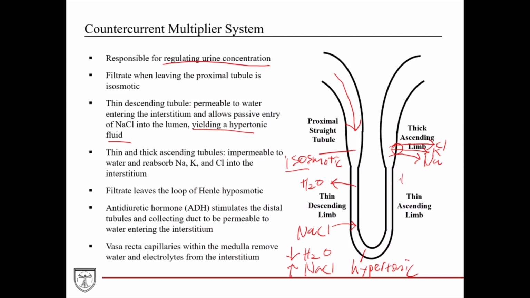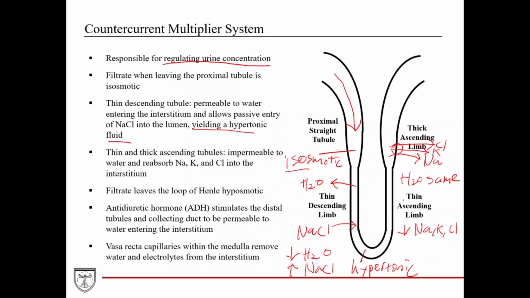So water stays the same, and then you're removing solute. And remember, this is a very significant amount of sodium reabsorption. It's 25% of all of the sodium reabsorption in the nephron that occurs here in the thick ascending limb.